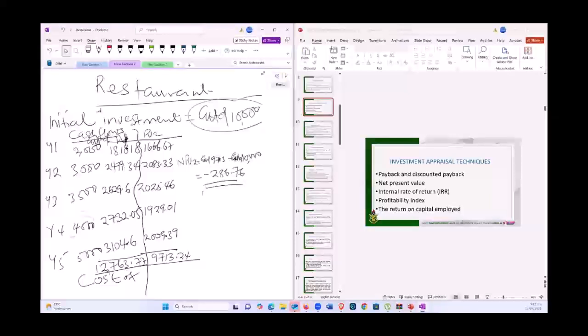Okay, now we have our NPV2, right? Please, anybody with a difficulty up to this stage? If you have a difficulty, let me know.